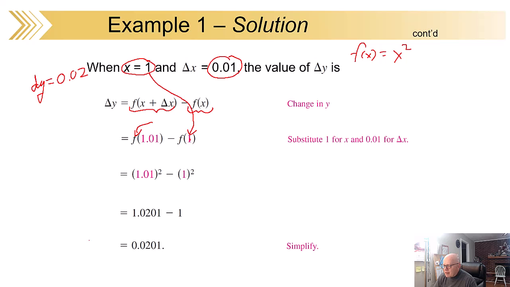And this is delta y versus dy. Delta y is the subtraction of 2 y values, or 2 function values. Dy you get from your derivative. See how close they are?